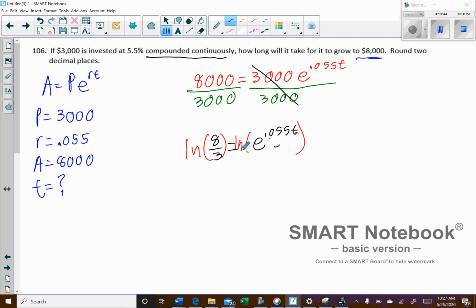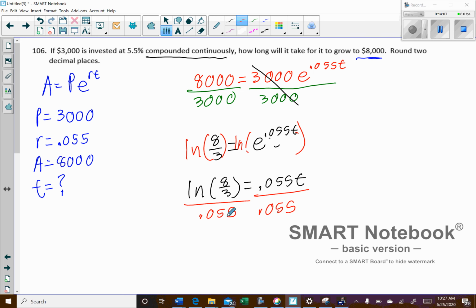So this time my base does match the base of my exponent. So the right side will just reduce down to 0.055t. And then what we'll do here is divide by 0.055, and we should have our answer.